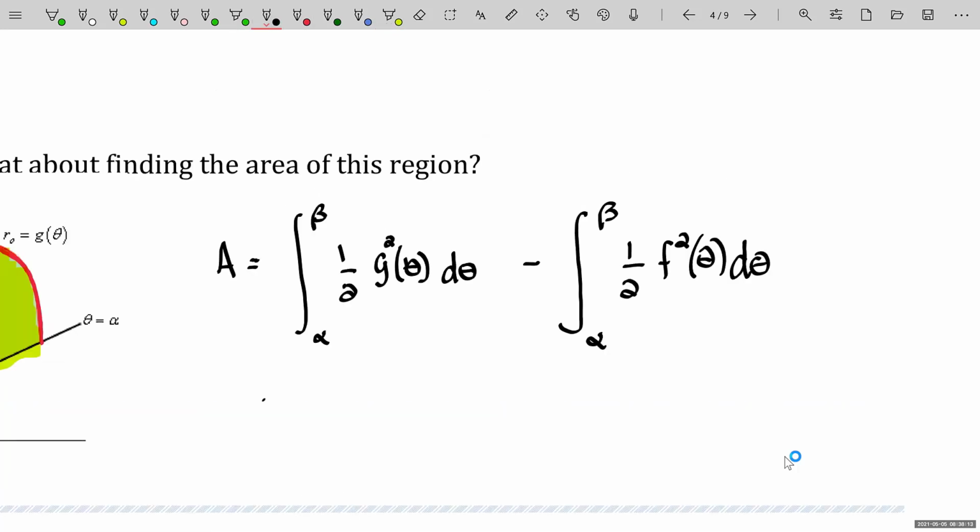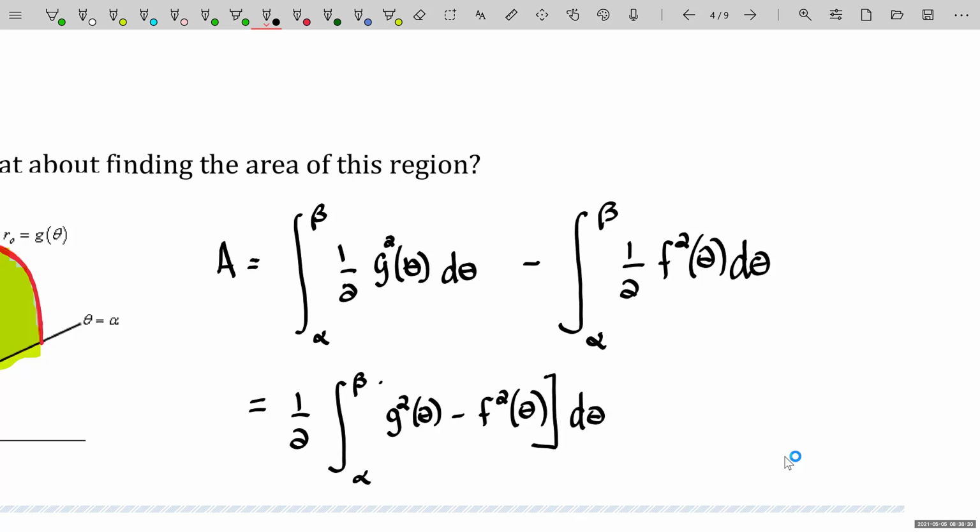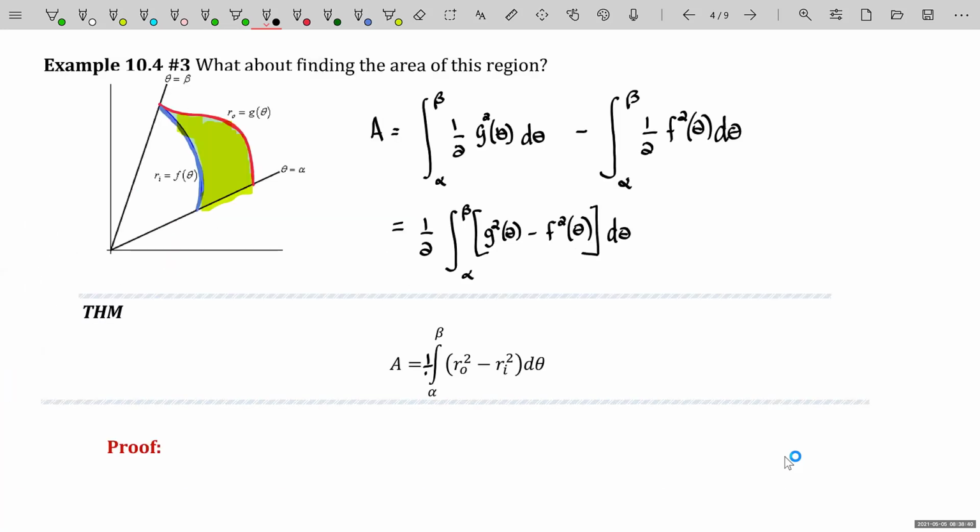This is equal to 1/2 the integral from alpha to beta of g squared of theta minus f squared of theta d theta. And having written that and proven that, I could see there must be an error in my lecture notes, because that is not correct down here. It should be a 1/2 right here. So there you go.